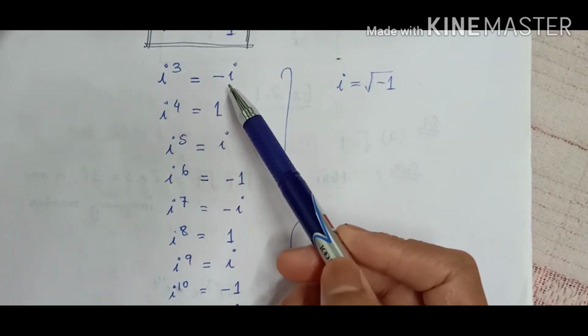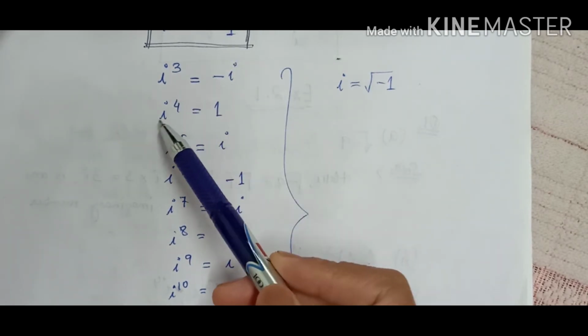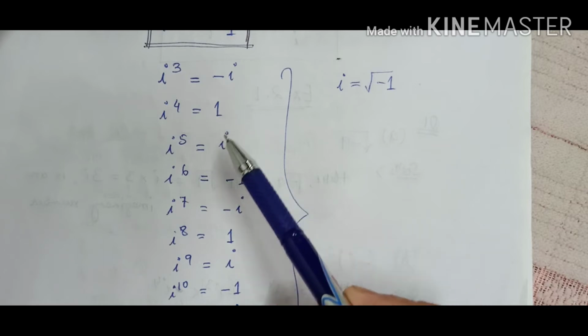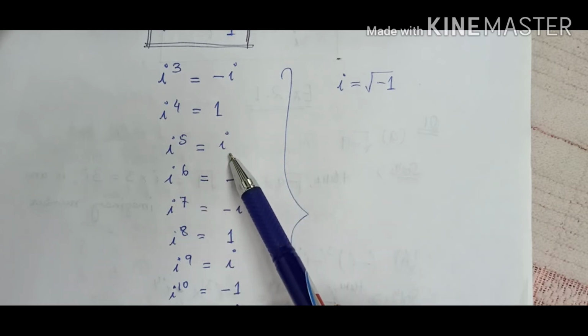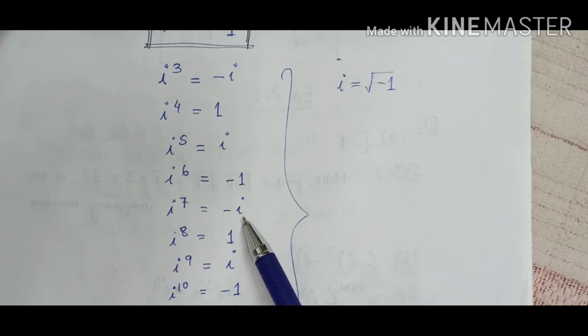Likewise, we will have i cube equal to minus i, i to the power 4 equal to 1, i to the power 5 equal to i, i to the power 6 equal to minus 1, i to the power 7 equal to minus i, i to the power 8 equal to 1, i to the power 9 equal to i, like this till i to the power 11 we have done. So it is minus i. You can see it is in a pattern.